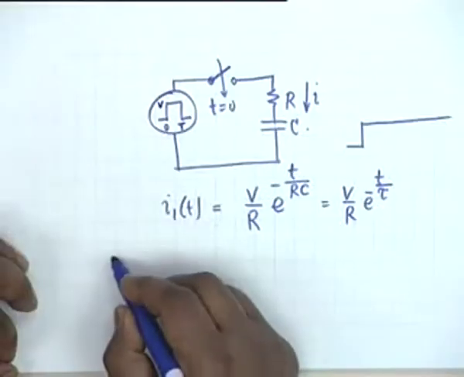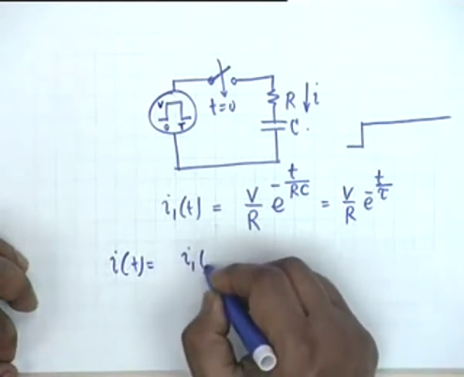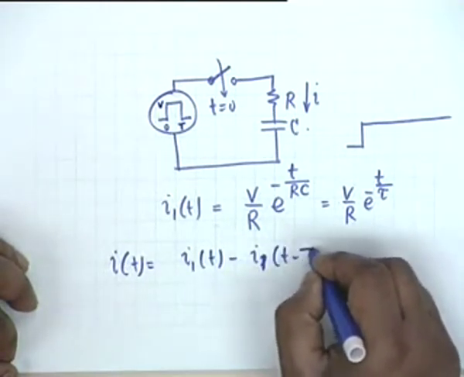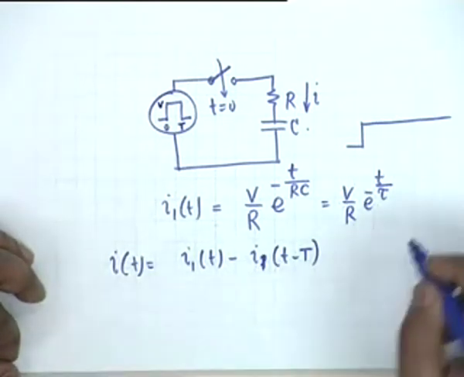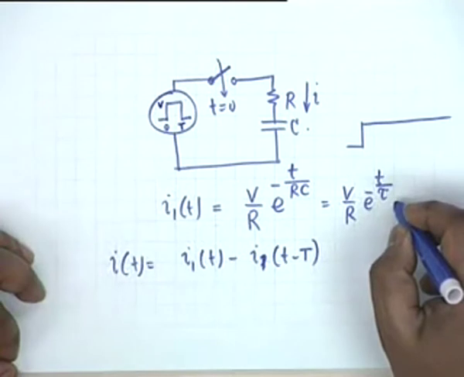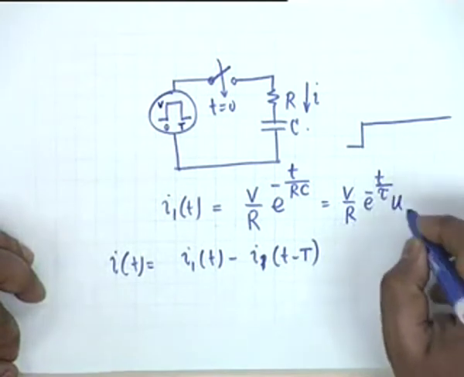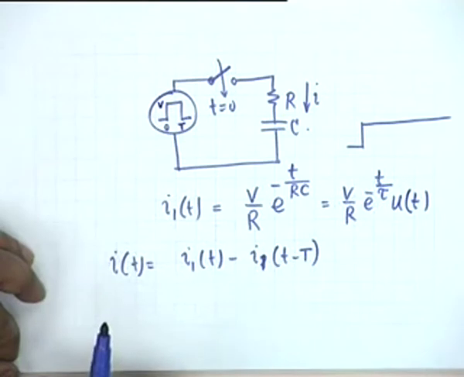So the total response therefore shall be i1(t) minus i1(t minus capital T). Now here a certain discipline has to be imposed on ourselves, namely that this i1(t) is true only for t greater than or equal to 0, and therefore I multiply this by u(t). What is a u(t)?